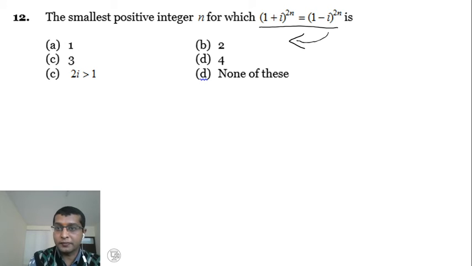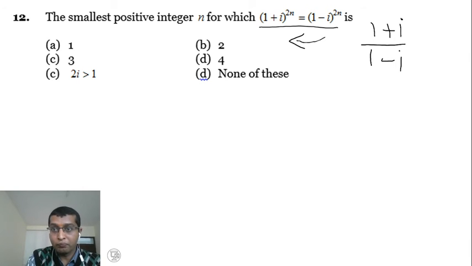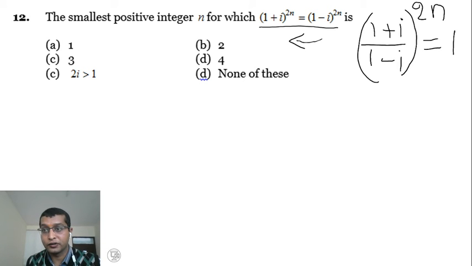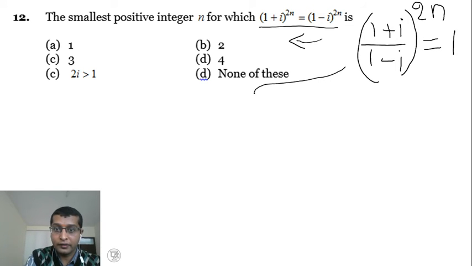So we get this expression as (1 plus i) divided by (1 minus i), now both sides' powers are the same, so here I write it raised to 2n, and on the RHS nothing is there, which means there will be 1 here. Like this, instead of writing 2 steps, in 1 step I have written. You need practice for this. Every example here you have to solve.